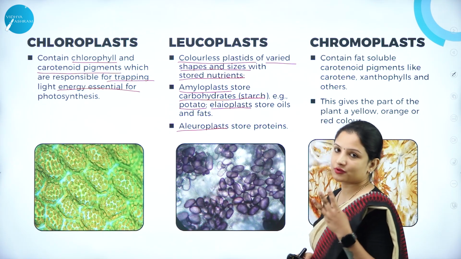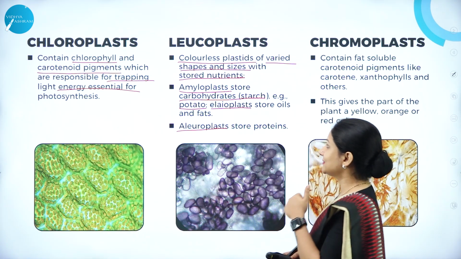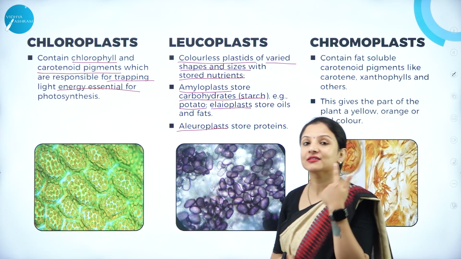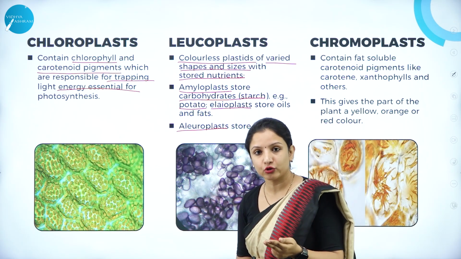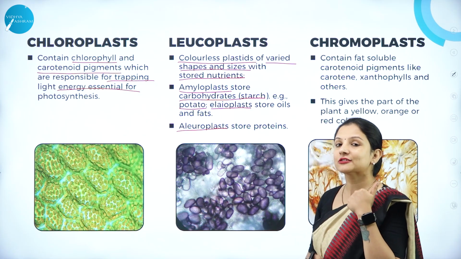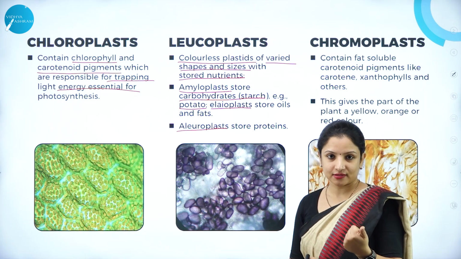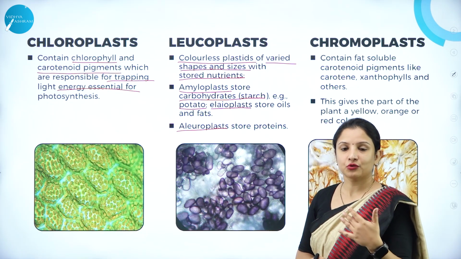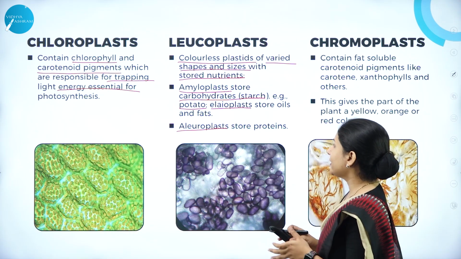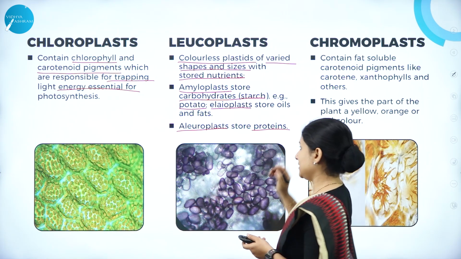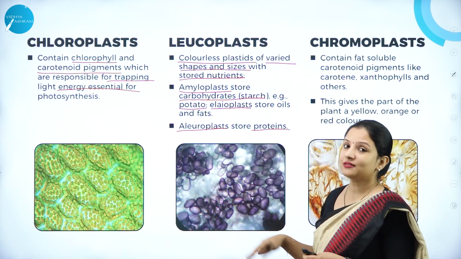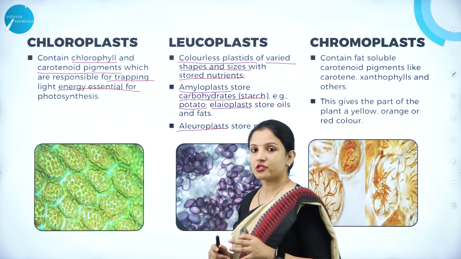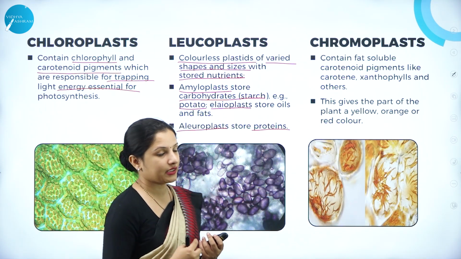So there are three types under leucoplast: amyloplast, eleoplast, and aleuroplast. Amyloplast stores carbohydrates, that is starch, for example in potatoes. Eleoplast stores oils and fats, and we can take peanut as an example. Aleuroplast stores protein. These plastids are colorless, but their main function is to store nutrients or food material.